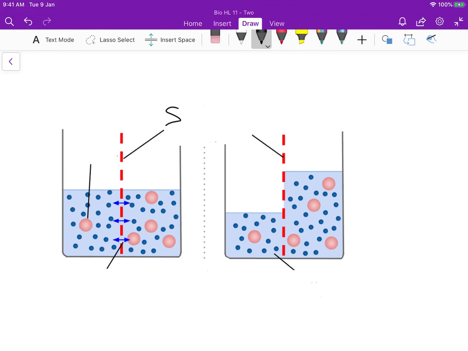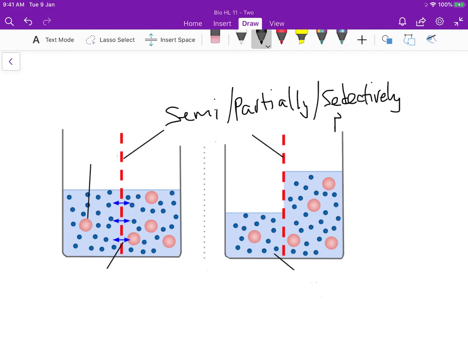Down here we have two semi or partially or selectively permeable membranes. So this is an example actually given with visking tubing, which is dialysis tubing, which mimics the kidney.